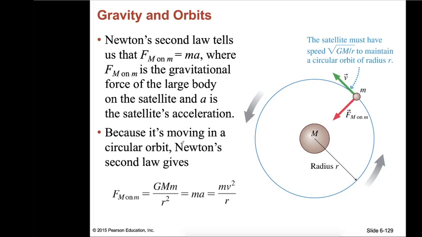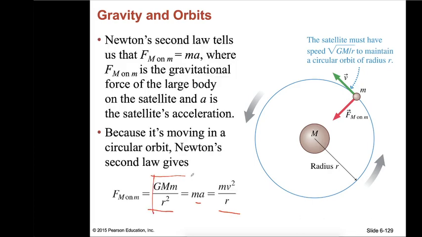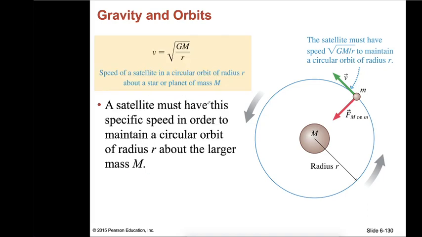Because it's moving in a circular orbit, Newton's second law gives GMm over r squared, Newton's gravitational equation, equals ma, or mv squared over r. By combining these equations, you'll finally have v equals the square root of GM over r. So a satellite must have this specific speed in order to maintain a circular orbit of radius r above the larger mass M.